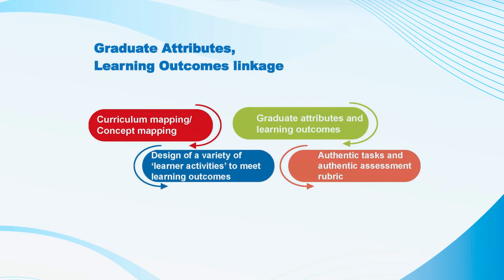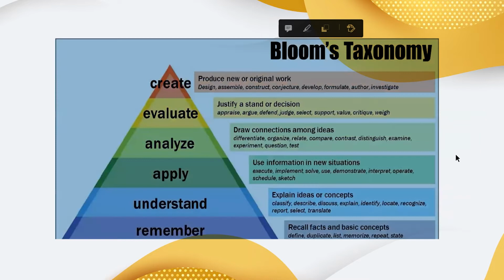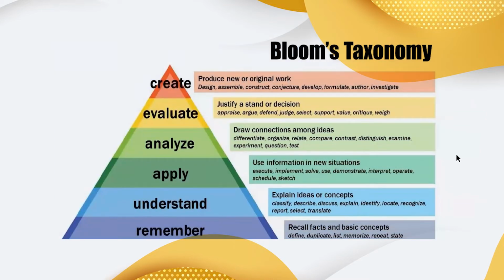Let me go a little further. When you talk about learning outcomes, there are generally different formulations available. You are absolutely free to bring in any formulation to help you define your learning outcome. But generally, people have been talking about Bloom's taxonomy of cognitive, affective, and psychomotor domains to derive or write down your learning outcomes.